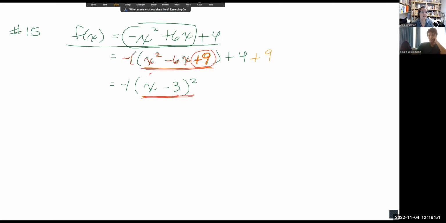But notice the outside function is I'm multiplying that 9 by a -1. So what I really did is even though I added 9, I really subtracted 9 from the whole function. That's the effect of completing the square. Which is why you then added 9. Right. Okay. So if I think about it, I subtracted 9, I have to add 9.